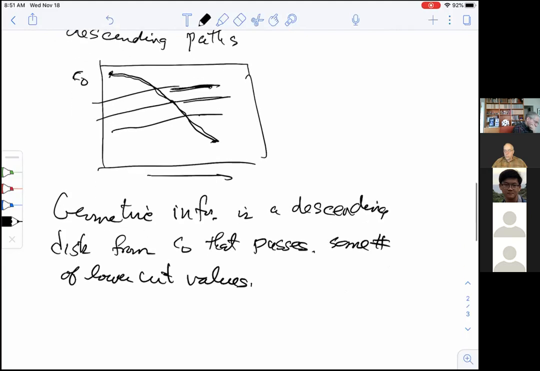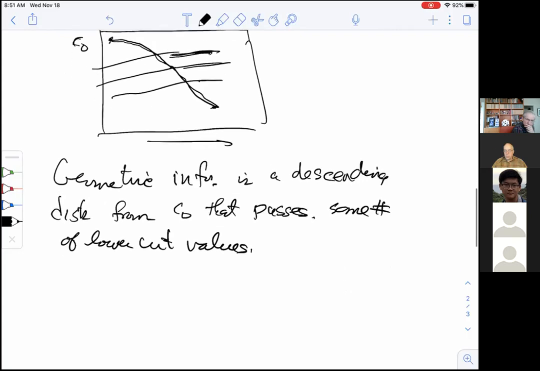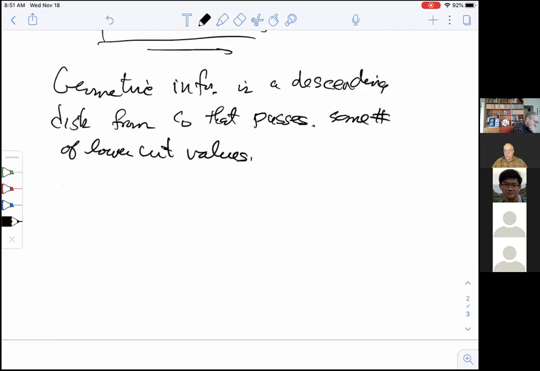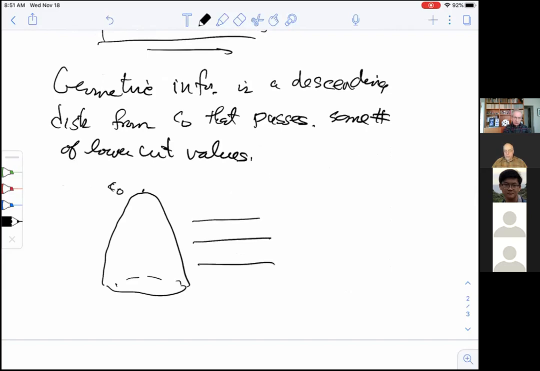So this is not a path in the two-dimensional graphic. This is an object in V cross I. It's the descending manifold out of this critical point that we're talking about having shift positions. We've just got one function here, and this is its descending manifold. Here are the other critical levels that we're going to pass. So these are the critical levels.